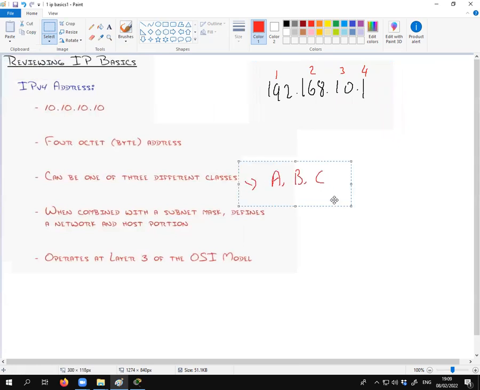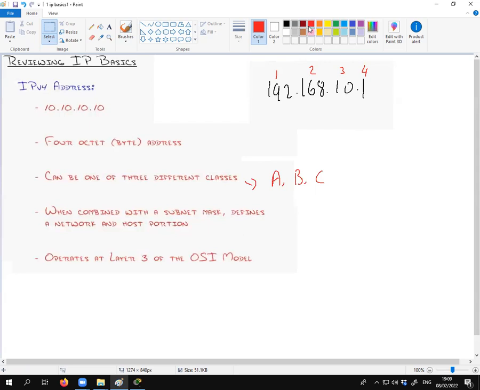The subnet mask's job is to separate the network part of the IP address from the host. Every IP address is broken into 2 different areas: the network part and the host.